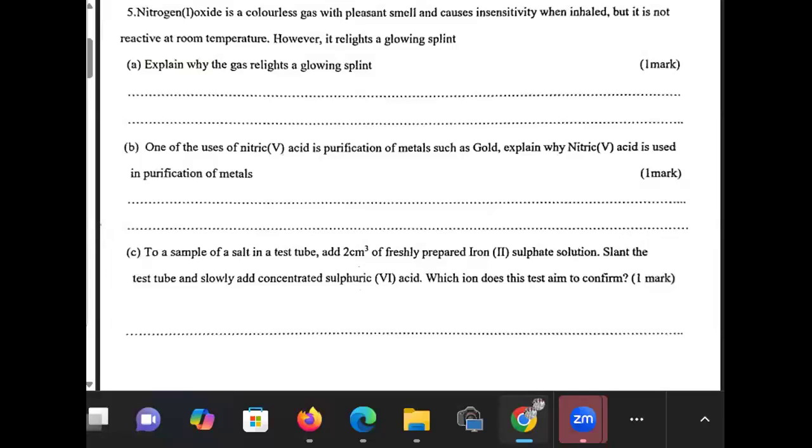Now we can proceed to the other question. We can proceed to question number 6. Move on to the other question, question number 6.